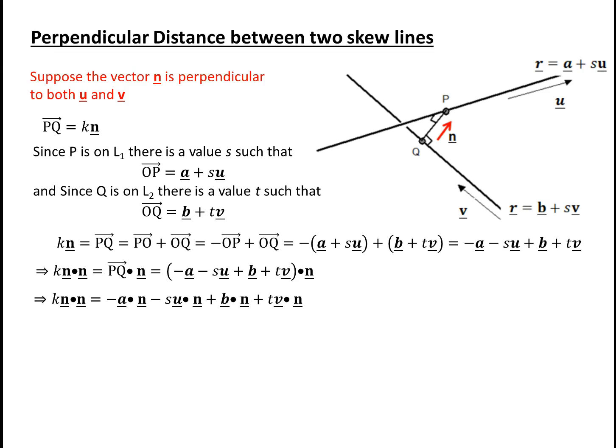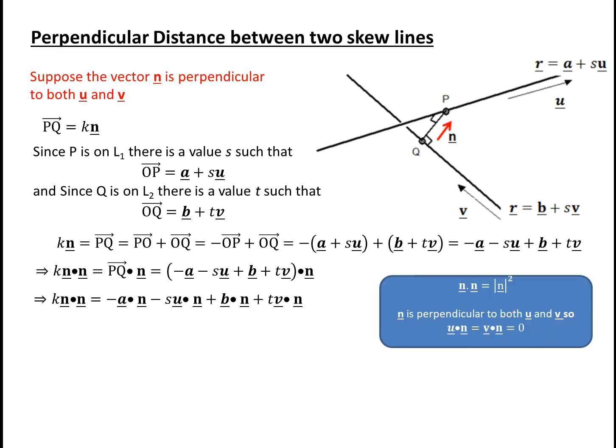And there's two really important observations we're going to have to make. First of all, n dot n is the length of n times the length of n times the cosine of the angle in between n and n. Well, the angle between n and n is just 0. So n dot n is the length of n times the length of n times cos of 0.